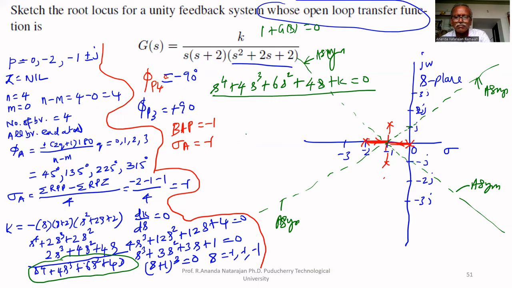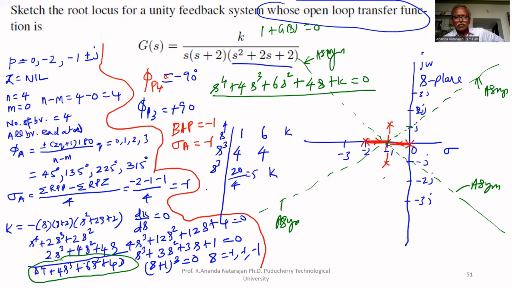So now let us find the Routh array. S power 4, s cube, that is 1, 4, 6, 4, k. S square is 24 minus 4, 20, divided by 4, that is equal to 5.